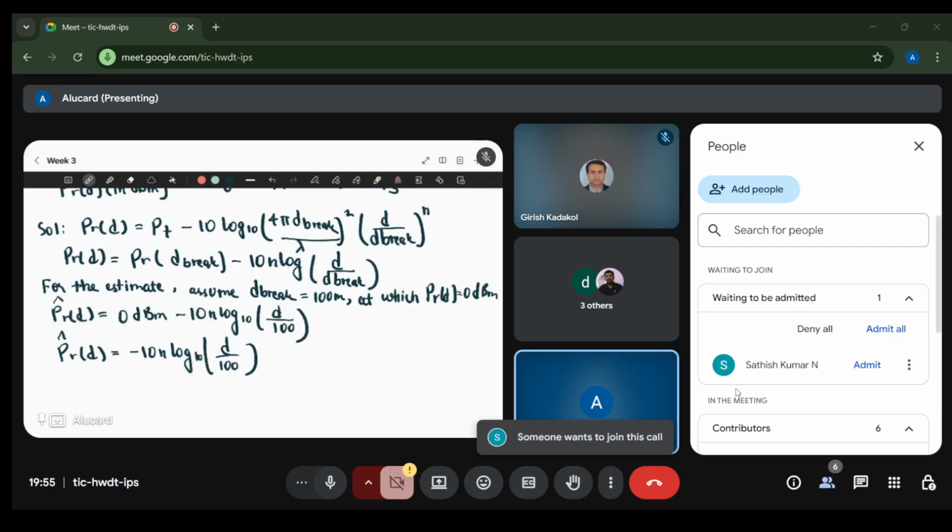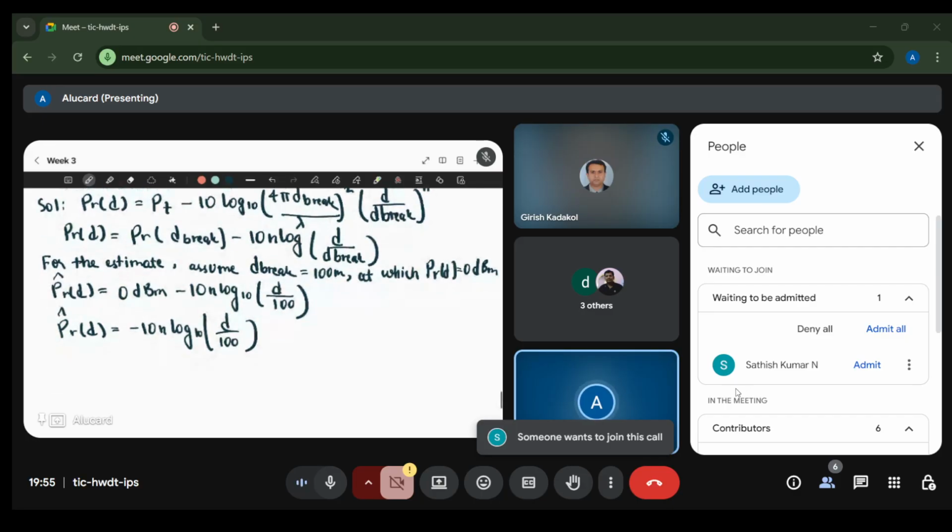This is your estimate, so we'll write a cap on it, PR hat, a PR cap, however you like to call it. That's the estimated power at distance D.